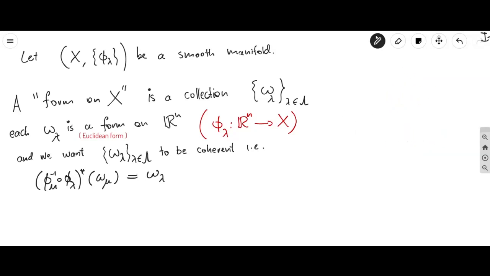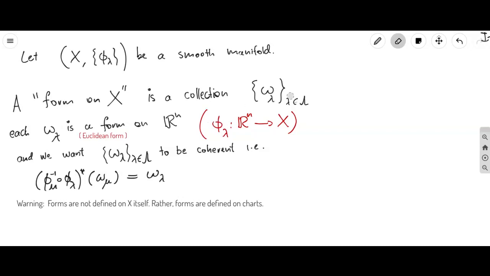So maybe I should just give a warning here. Forms are not defined on X itself. Rather, forms are defined on charts. You're defining them on the charts. Because these choices that you're making, these are Euclidean choices, whereas X could be some abstract space.